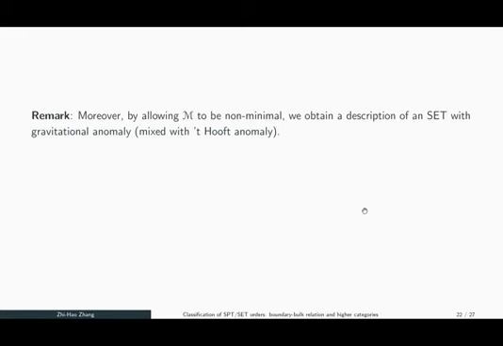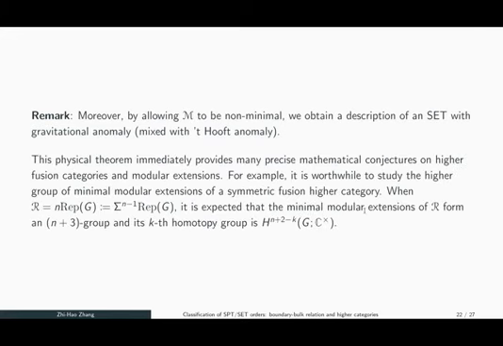The gravitational anomaly means the bulk may have non-trivial topological order, so the bulk is an SET order, so maybe not a minimal modular extension. This physical theorem immediately provides many precise mathematical conjectures on higher fusion categories and minimal modular extensions.